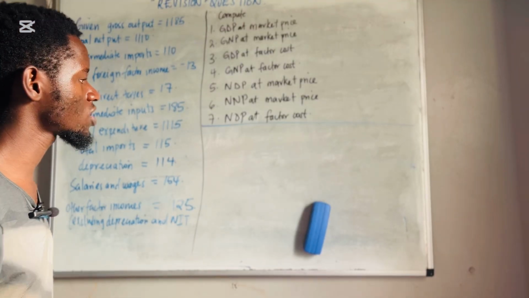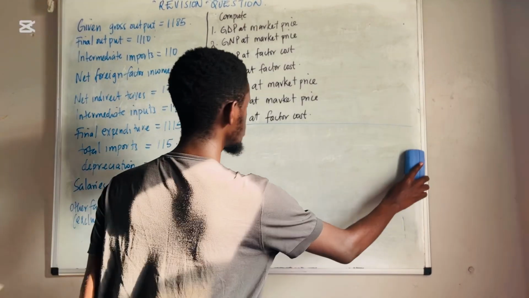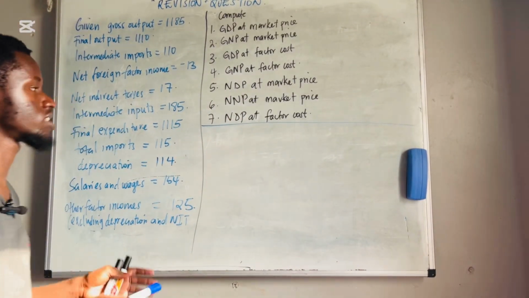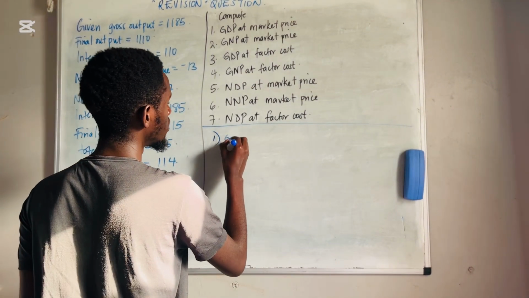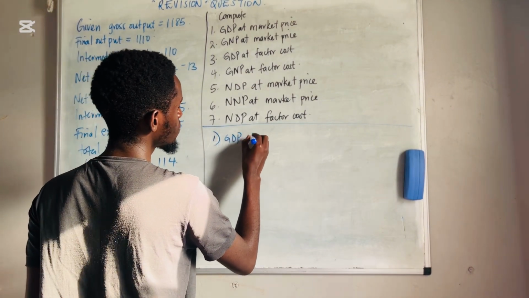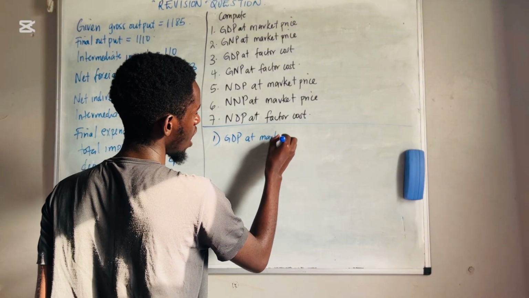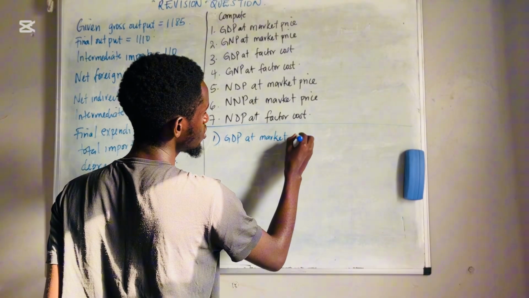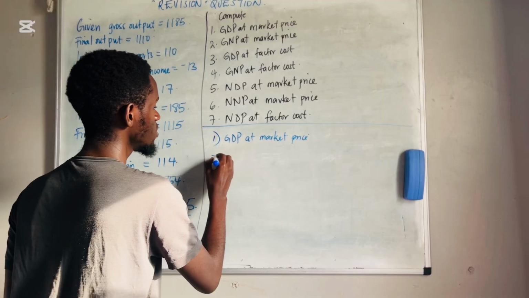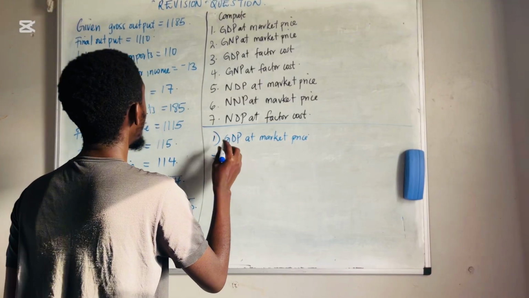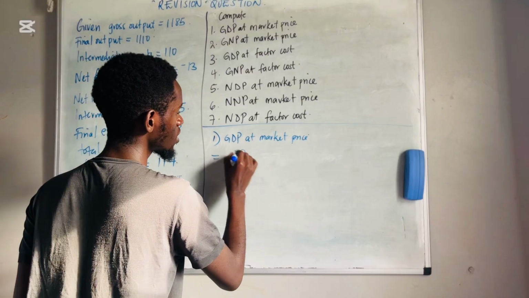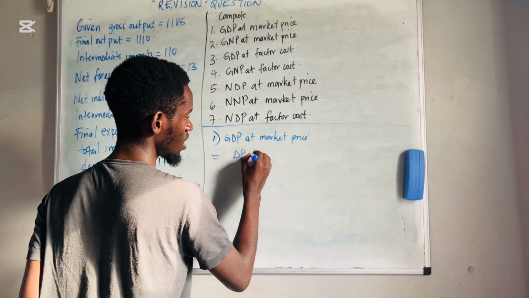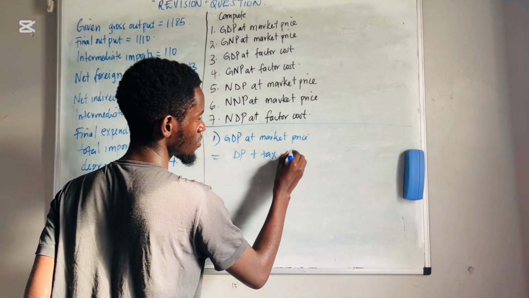Then remember, let's go ahead with each question, but I'm going to be using this space here. I think that should be enough for us. Now for number one, let us find GDP at market price. We said at market price, we just need to add taxes minus subsidies on the GDP. Therefore, this means that we shall have our gross domestic product plus taxes minus subsidies.